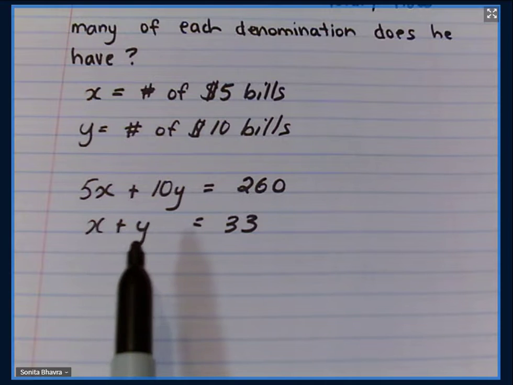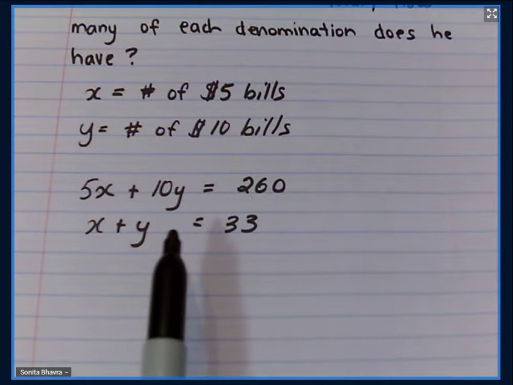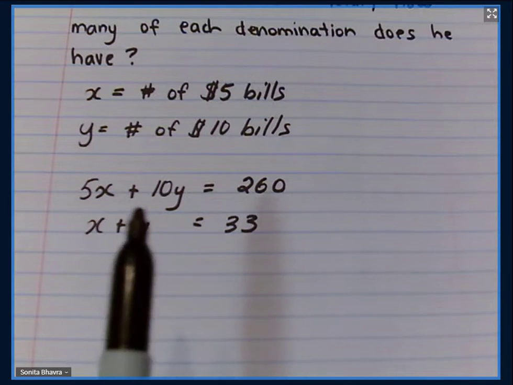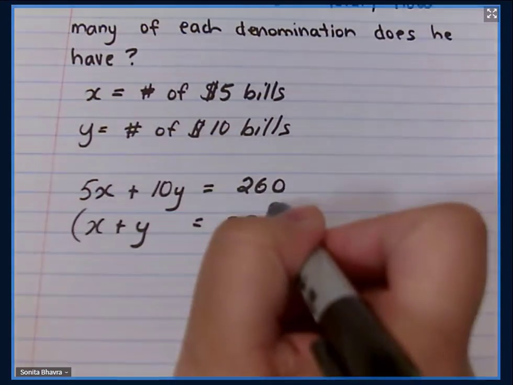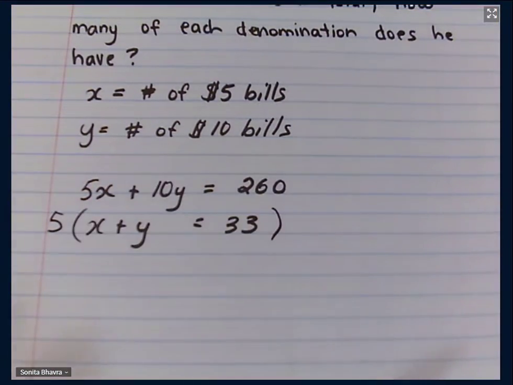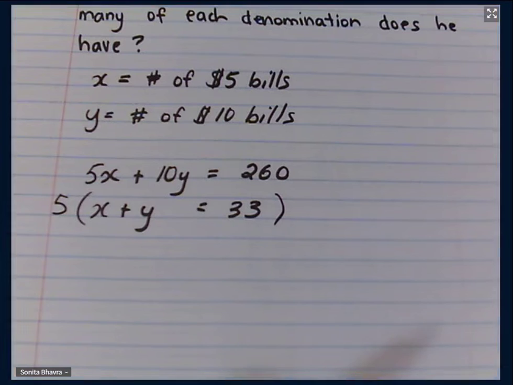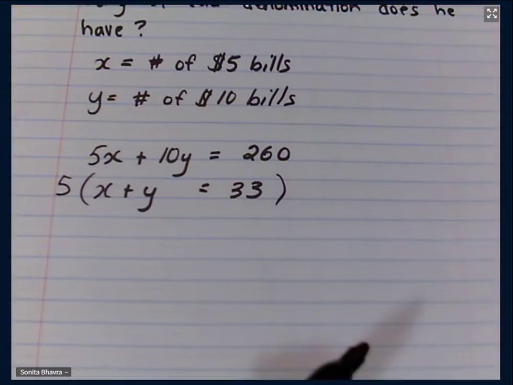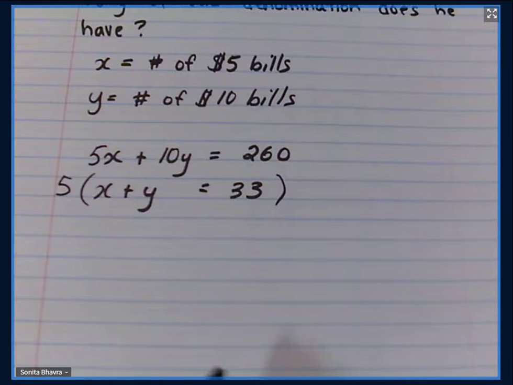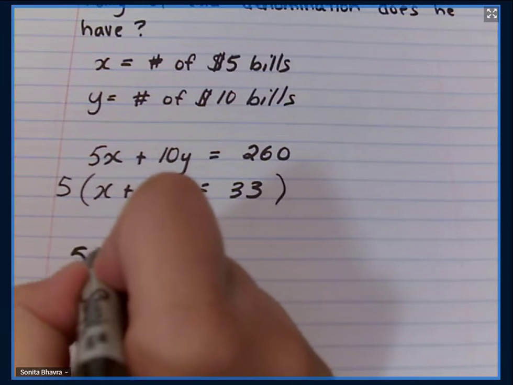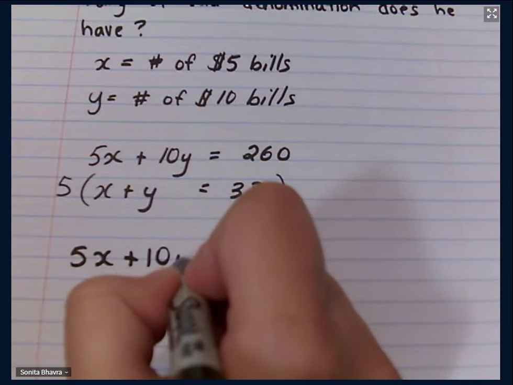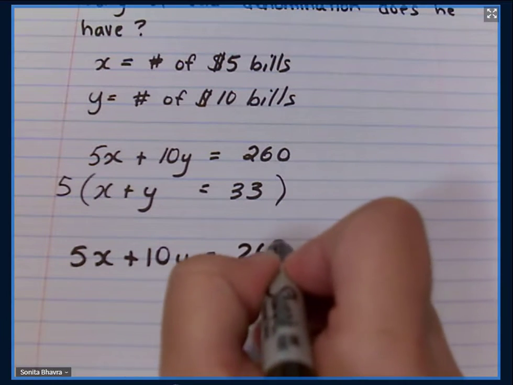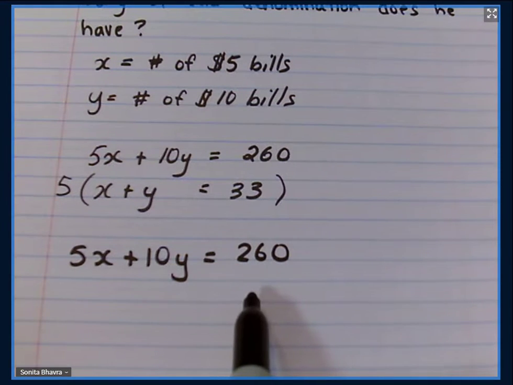I can multiply my second equation by 5, and then I can eliminate my x variable. All right, so I'm just going to rewrite this out. So I'm going to rewrite out the first equation, 5x plus 10y equals 260.